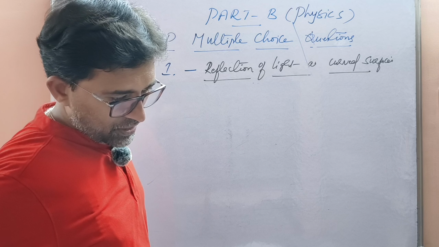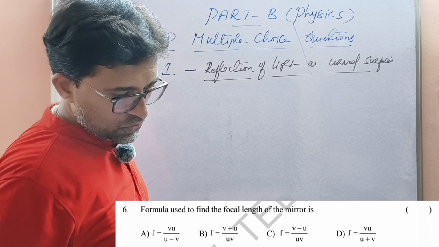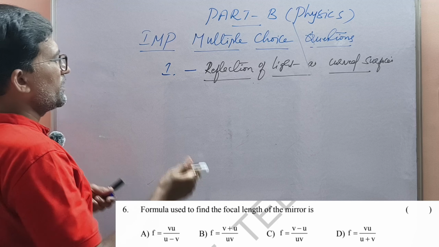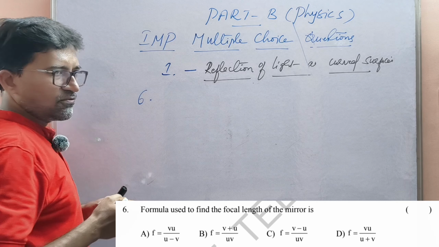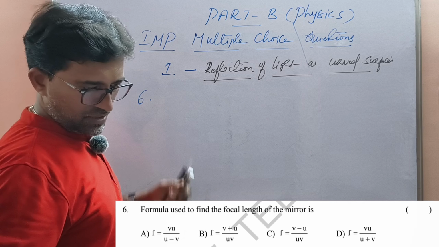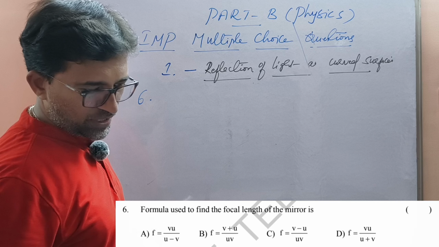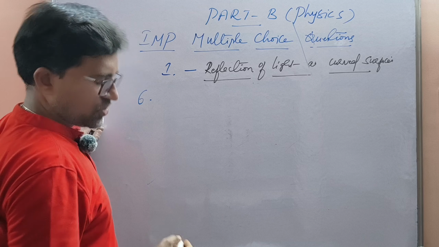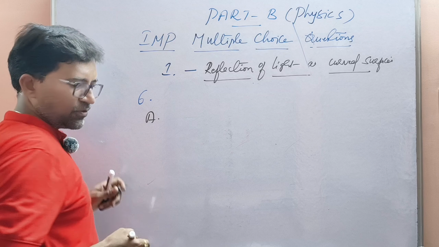Okay, next one. The sixth bit part in the first chapter multiple choice: formula used to find the focal length of the mirror. The question is displayed on the screen, just go through it once, and I am going to write the options here to explain.